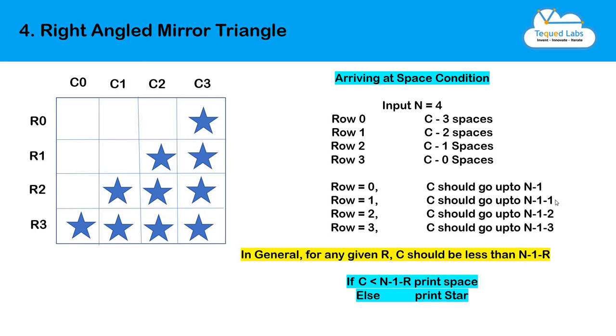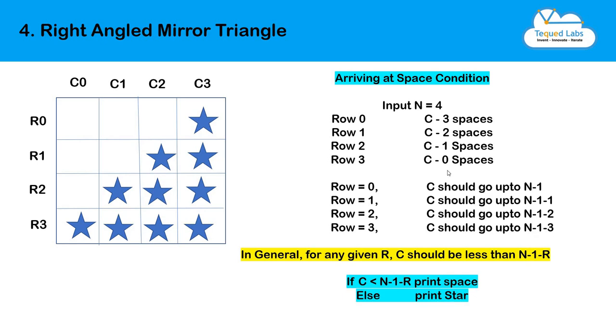As you can see here, we are representing these spaces in terms of n. So 3 can be represented as n minus 1, since n is 4, 4 minus 1 is 3. 2 can be represented as n minus 1 minus 1, that is 4 minus 1 is 3, minus 1 is 2. 1 can be represented as n minus 1 minus 2, that is 4 minus 1 is 3, 3 minus 2 is 1. 0 can be represented as n minus 1 minus 3.